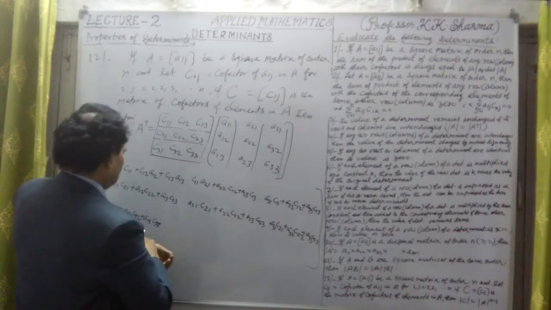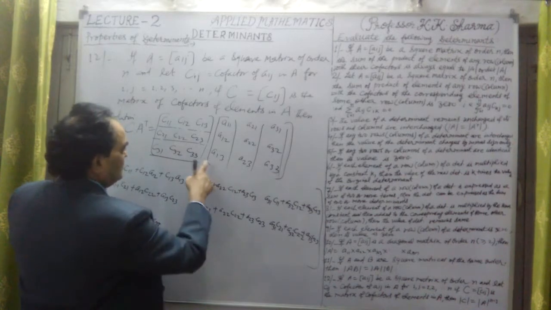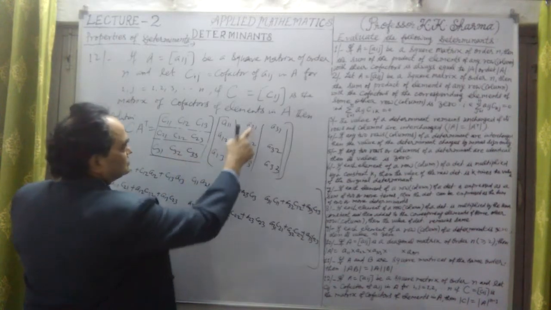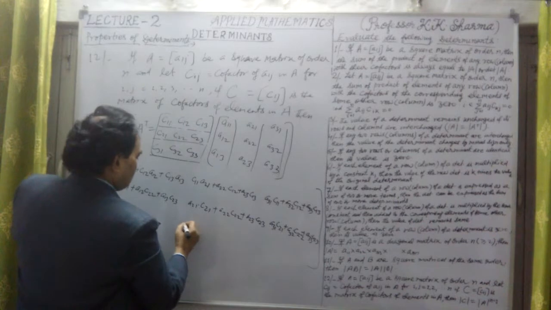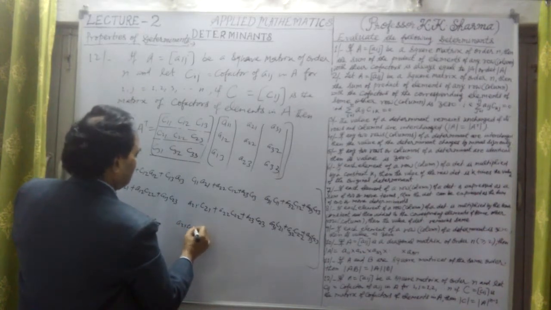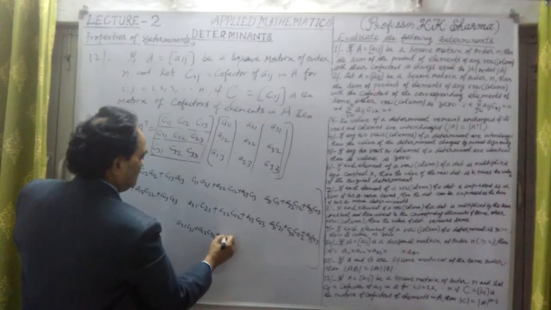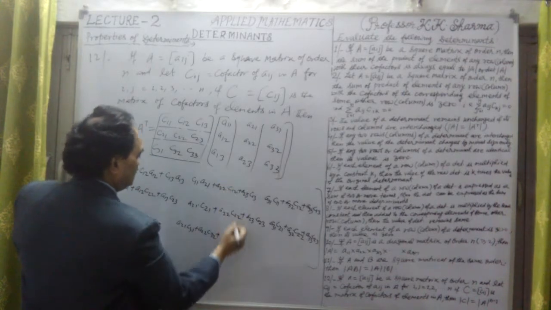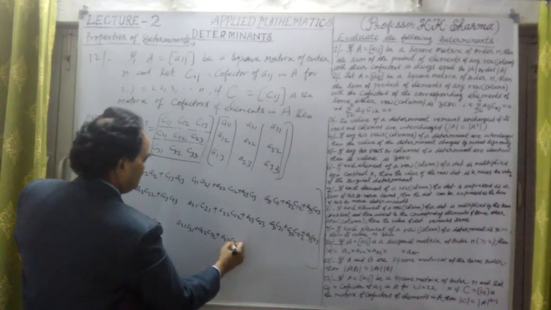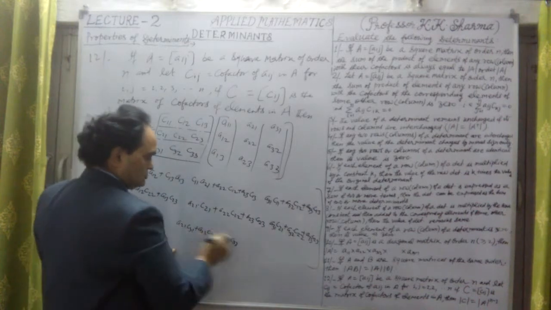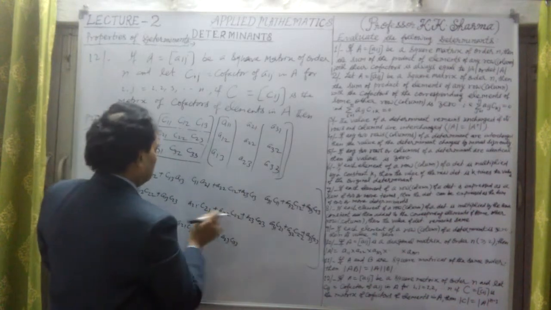Now third row, second column: A21 into C31, plus A22 into C32, plus A23 into C33, also complete 0. Now the third one, let me take.